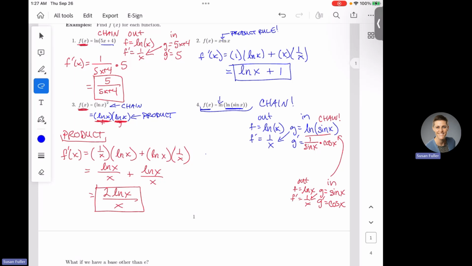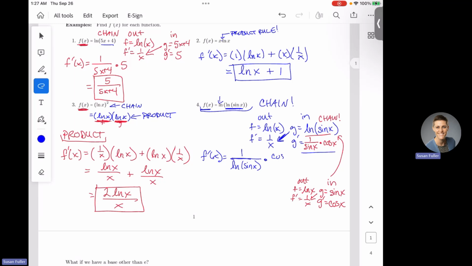So the derivative of this whole big original function is going to be f prime of g of x. It's going to be 1 over g in here. Instead of x, it's going to be ln sine x, times g prime of x, which is this.